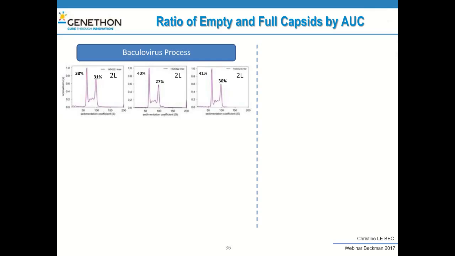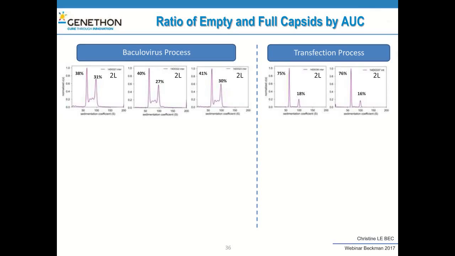We then looked at the ratio of empty and full capsids by AUC. For 3 different batches of 2 liters, you have around 27 to 31% of full particles. For the transfection process, we are around 16 to 18% of full particles.